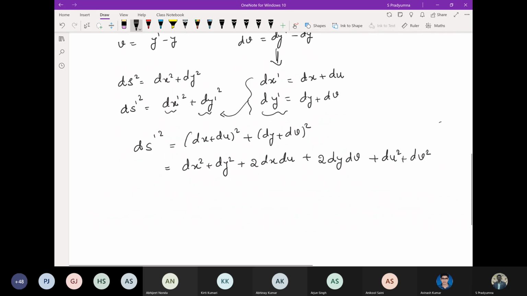Now I can subtract ds square from ds dash square. If I subtract, I can cancel out dx square and dy square from there. I get 2 dx du plus 2 dy dv plus du square plus dv square.